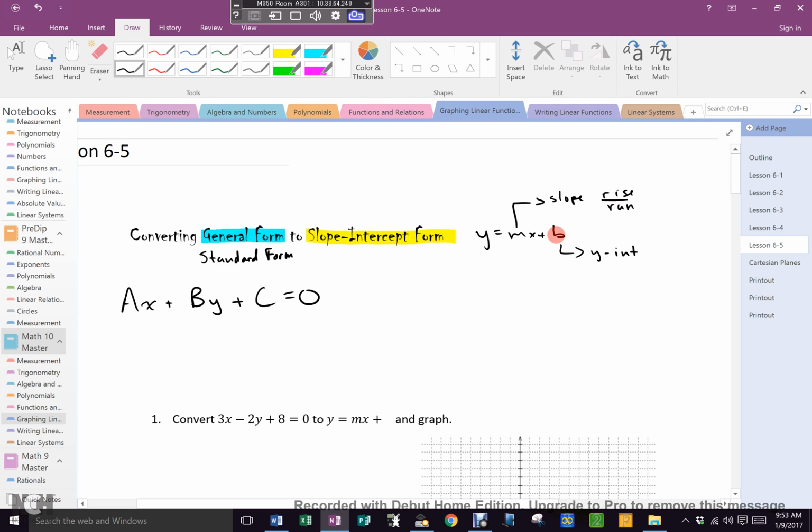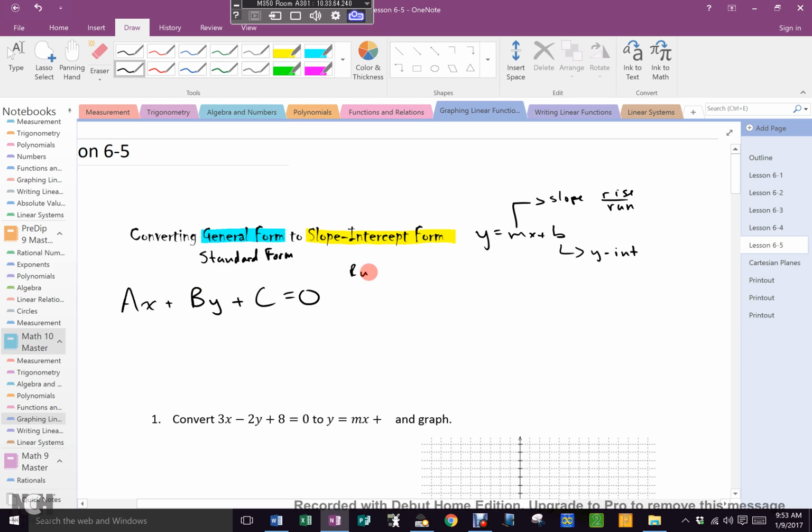It's an A, just a number. Does this have just a number? Yeah. Over here, it's the y-intercept. Is it over here? No. Why not? Because y is not by itself. Everybody got it? So in this form, there's a couple of rules.